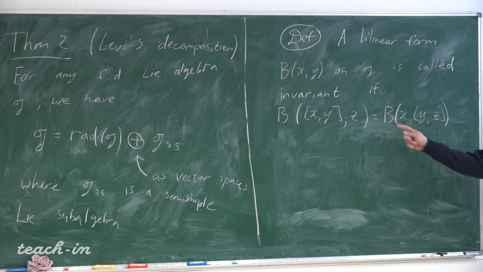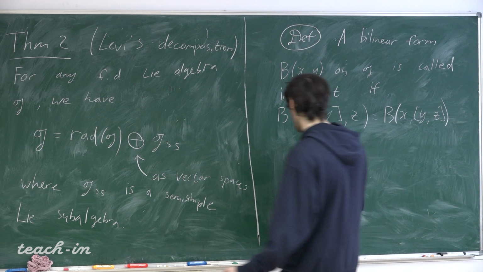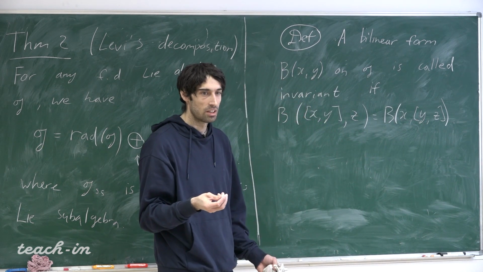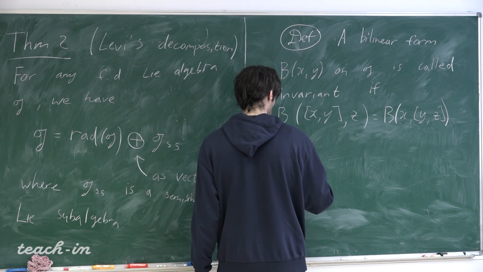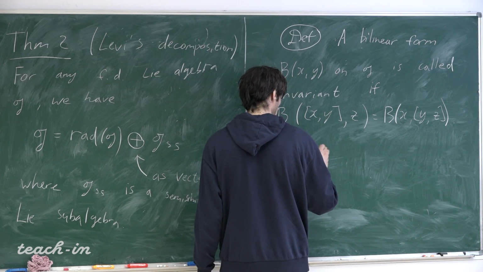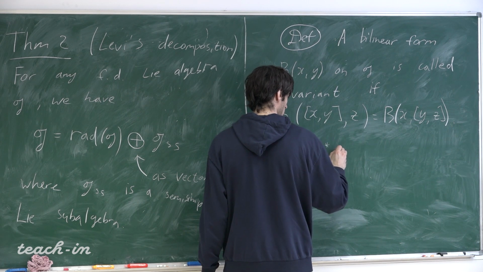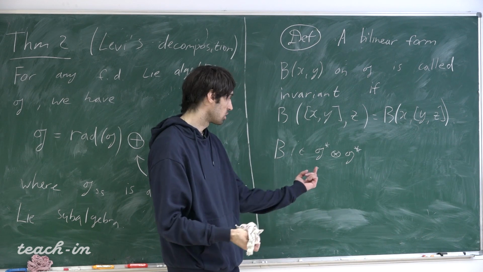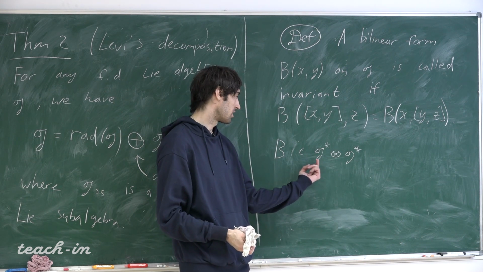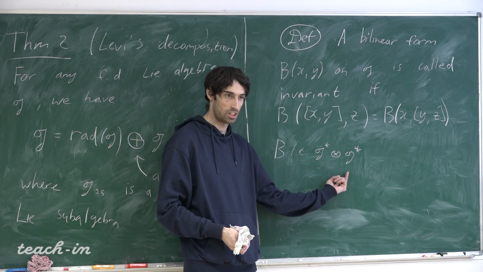So actually, a form, right? Why is it called invariant? Because the form is an element of G star tensor G star, right? You have a joint action on G, therefore you have an action here.